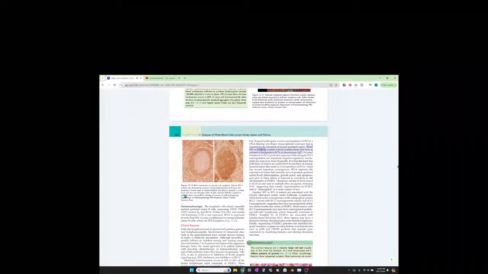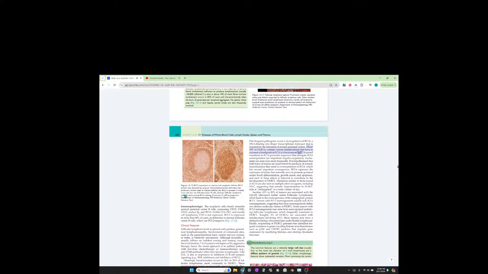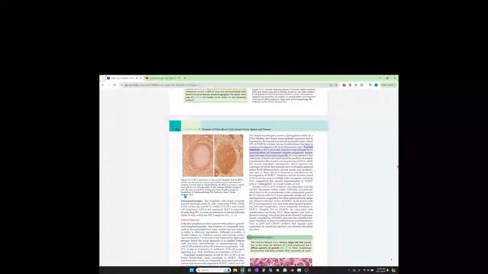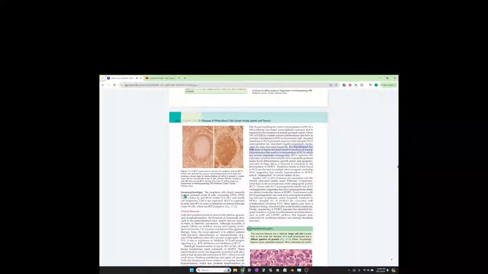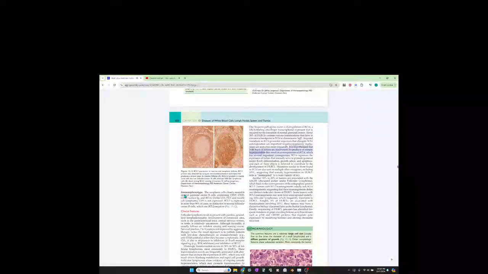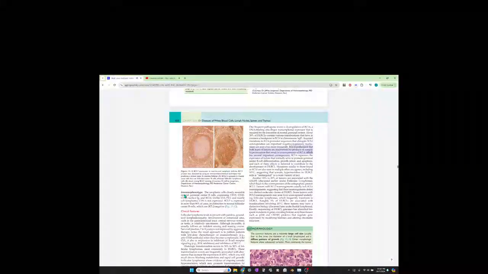About 30% of DLBCLs contain various translocations that have in common a breakpoint in BCL6 at chromosome 3q. Acquired mutations in BCL6 promoter sequences that abrogate BCL6 autoregulation are seen even more frequently. It is hypothesized that both types of lesions are inadvertent byproducts of somatic hypermutation that result in overexpression of BCL6, which has several important consequences.